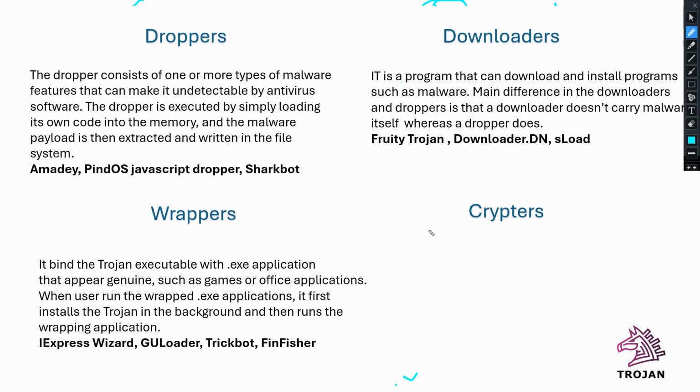Let me explain here. Suppose you have a legit file here. This is a legit file and this is our infected file. So the wrapper includes this infected file with the legitimate file, and when the user clicks on this, because someone put the infected file in the legitimate file, ultimately it is also an infected file.